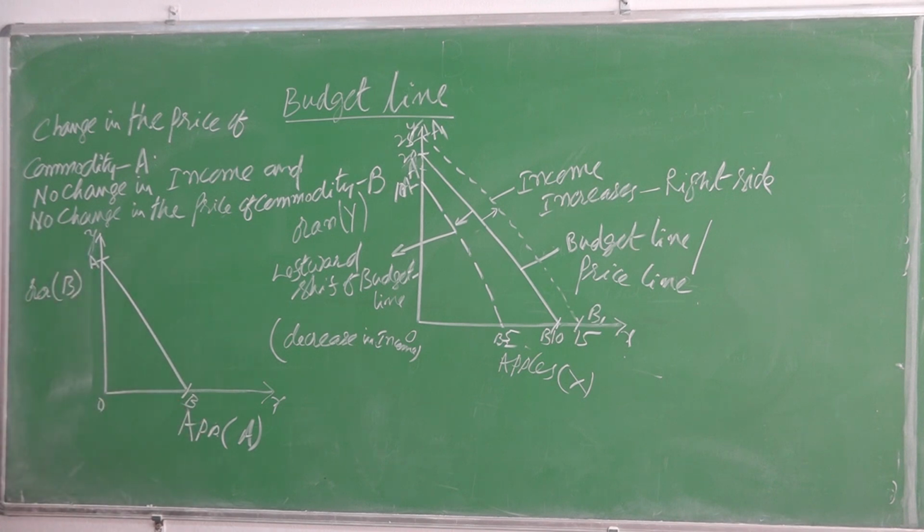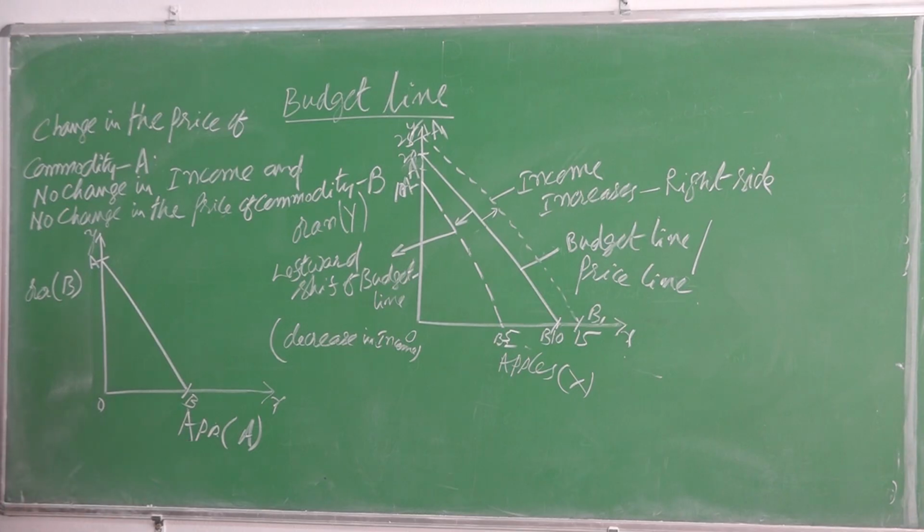As per the income, he can purchase OB quantity of A commodity, that is apples, and OA quantity of oranges, that is commodity B. Now, there is no change in the price of oranges or commodity B, only the apple cost decreases from 10 rupees to 5 rupees.